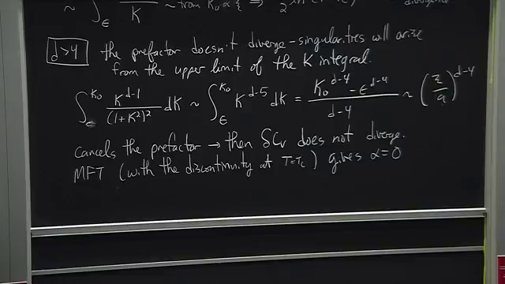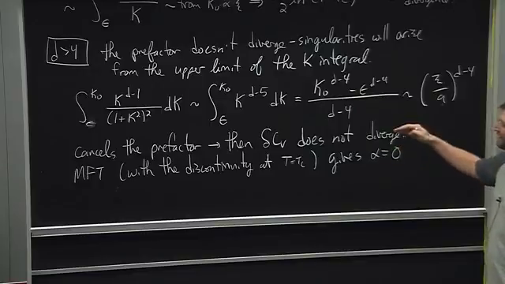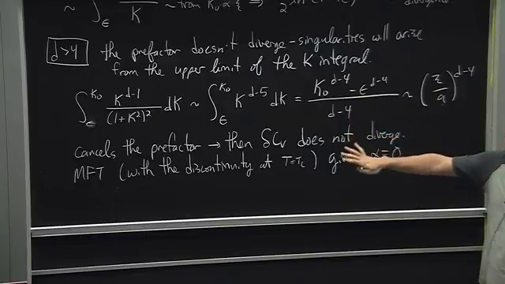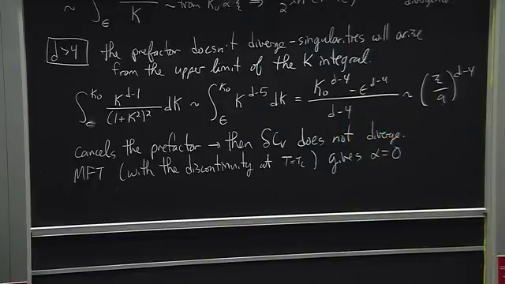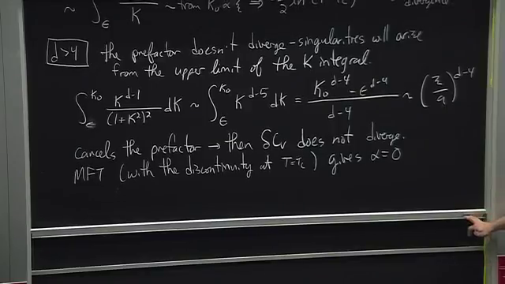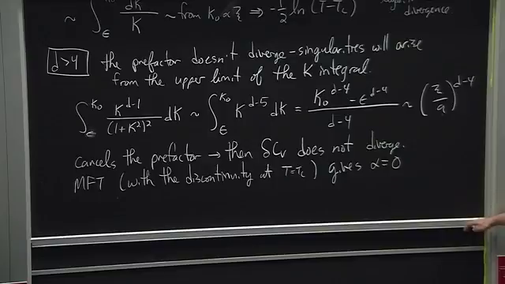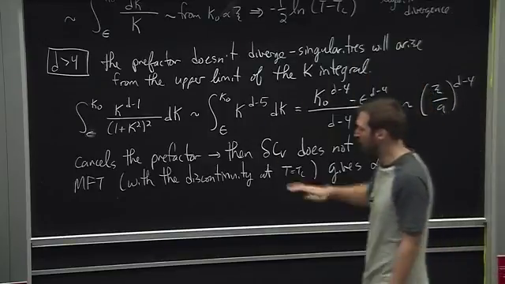Okay, so again, the moral is that since the fluctuations give new divergences for D less than 4, then we conclude that mean field theory plus Gaussian fluctuations isn't reliable. It's only reliable in this case.